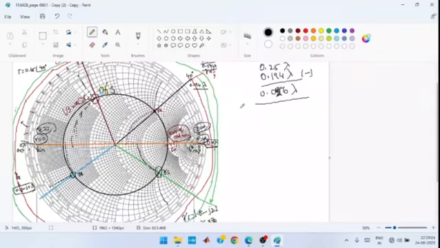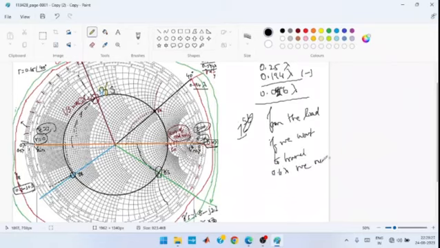So can I say, if you want to travel 0.6 lambda from the load, we need to cross 2 V max and 1 V min.